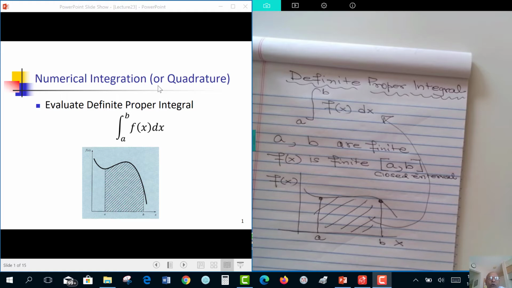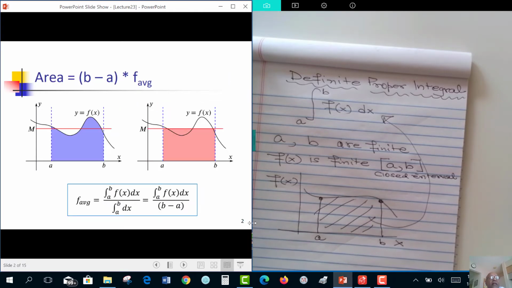But there is another way to look at integrals, and that is to look at averaging function values. If you think about it, we are integrating this between a and b, so this blue area is what we want. We can think of this area as the same as width times some average function value, or height.